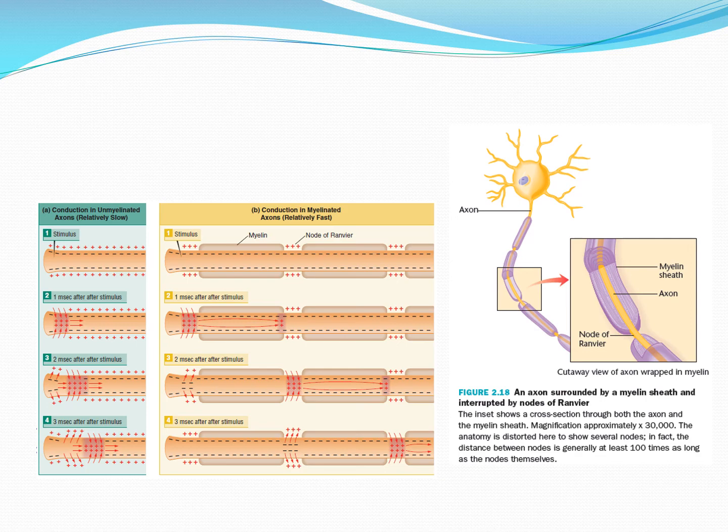As we move down 2 milliseconds after the stimulus at that second node of Ranvier, now that one's going to have sodium flow in, potassium flow out. Those sodium ions are going to flow down the myelin sheath quite quickly. So again, it's allowing for this more efficient communication because it's like turning on this hose and just whoosh, those ions flow down so that we get to our voltage change that we need.